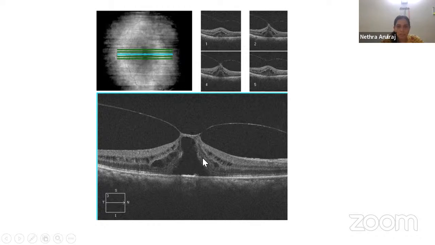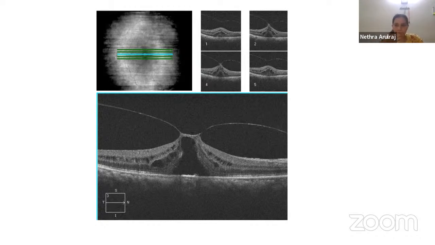And usually there's an absence of a full thickness interruption of all the layers. If all the layers are involved, then it will become a macular hole. This again will be broad-based or focal. Focal will be less than 1500 microns, and broad-based will be more than 1500 microns.